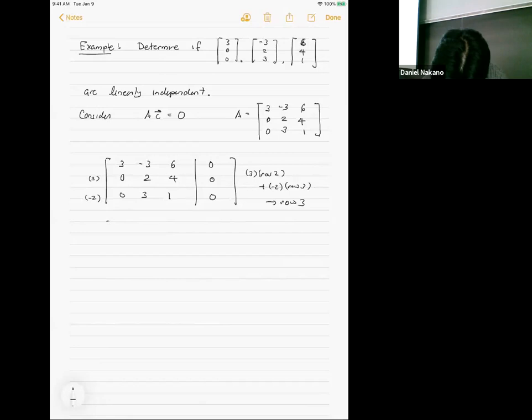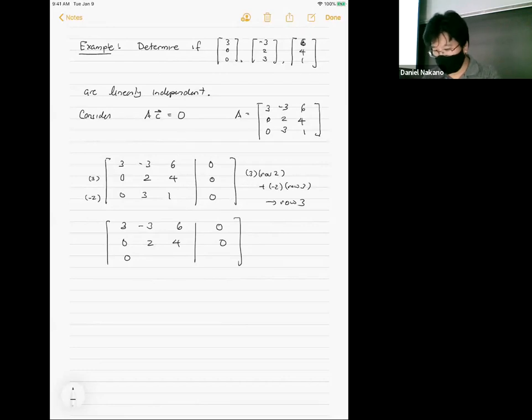Let's do this Gaussian elimination. 3, -3, 6, 0. 0, 2, 4, 0. 0, 0, 3 times 3 minus 2 is 7... 4 times 3 is 12, minus 2 is 10, and then the right side has a 0.